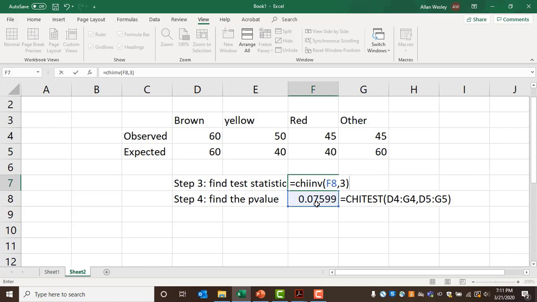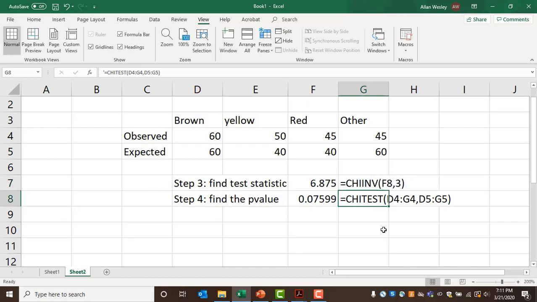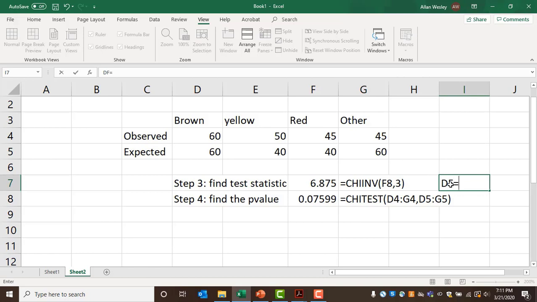We push enter, and we get our test statistic of 6.875. So those are two functionalities. Not forgetting, of course, that our degrees of freedom is equal to 3: four different choices, minus 1.